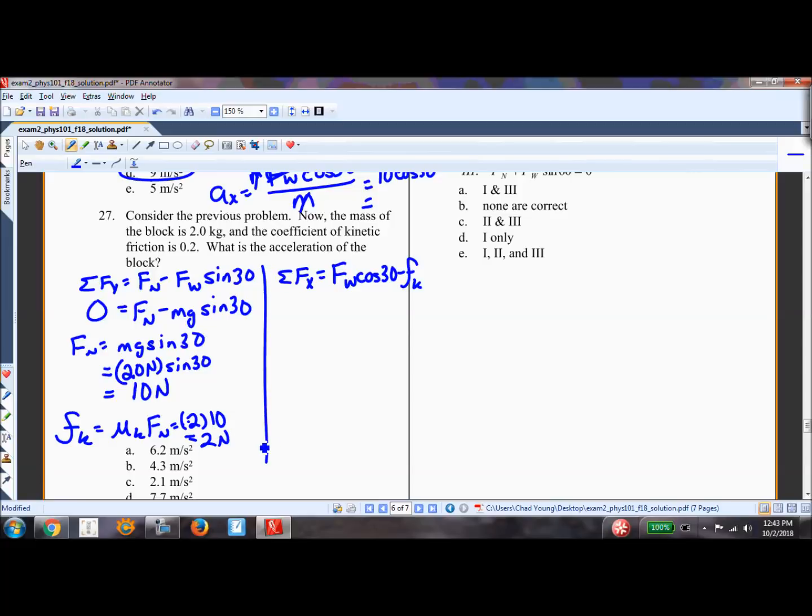Now, I can come back and figure out what is the acceleration. Fw cosine 30, I'll go ahead and put in some numbers here. Fw is 2 times 10, that's 20 newtons, times cosine of 30, minus Fk, which is 2, that's equal to the mass times the acceleration.